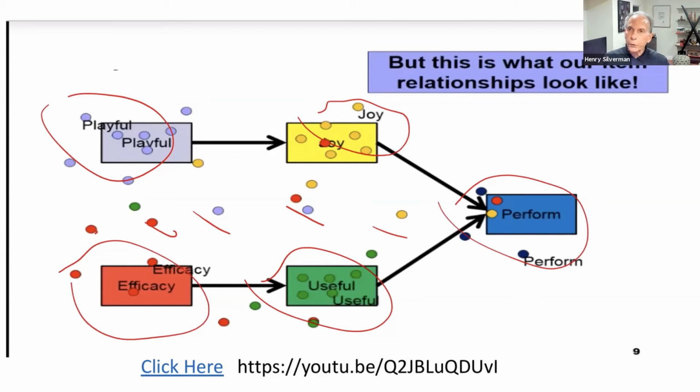Now, all those questions measuring any one of these constructs, you want to make sure that they are highly correlated with each other. Because if they're not, if some of the items in the questionnaire are not correlated, let's say, with the construct joy, you're not going to get meaningful results.